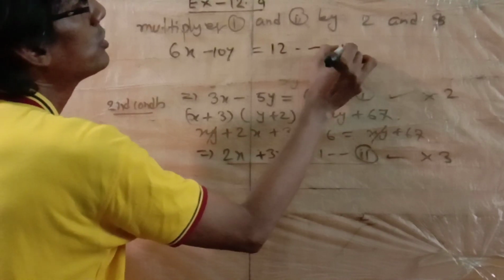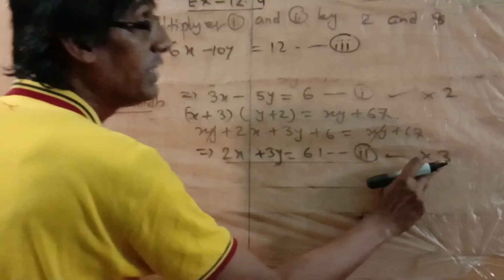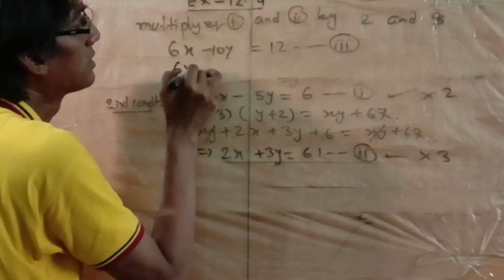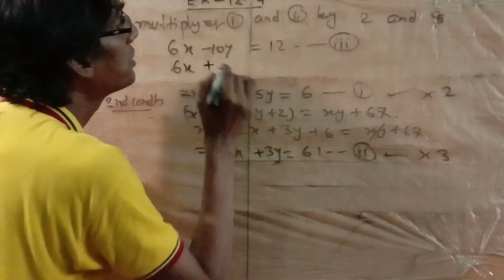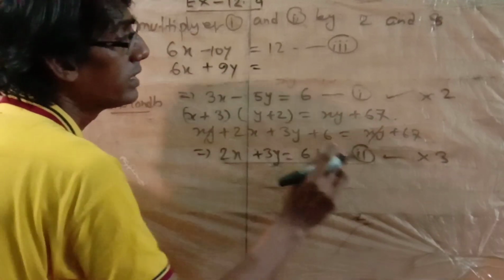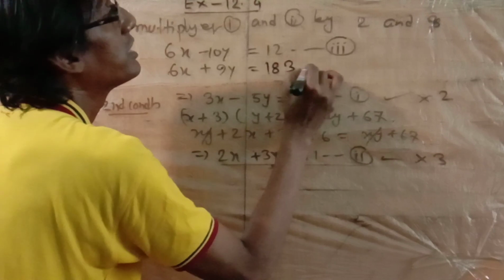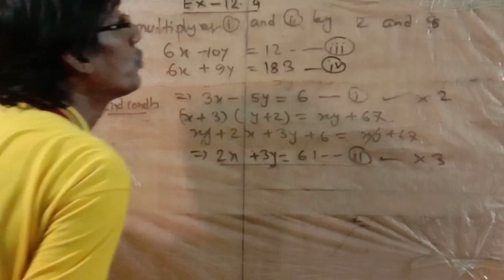This is equation 3. And if I multiply equation 2 by 3: 6x plus 9y equal to 183. This is the new equation 4.